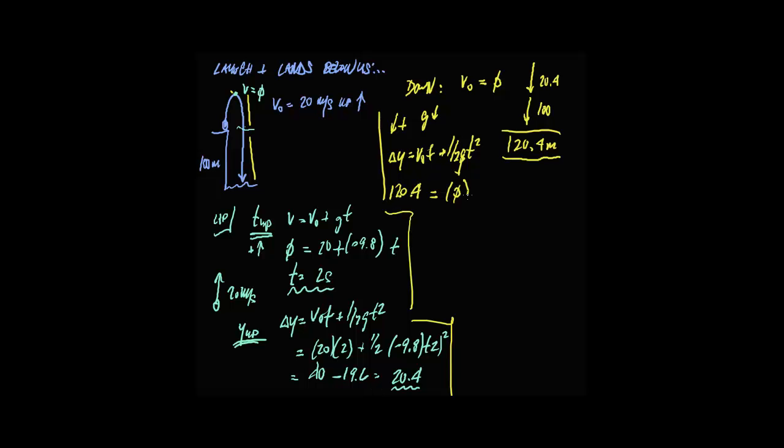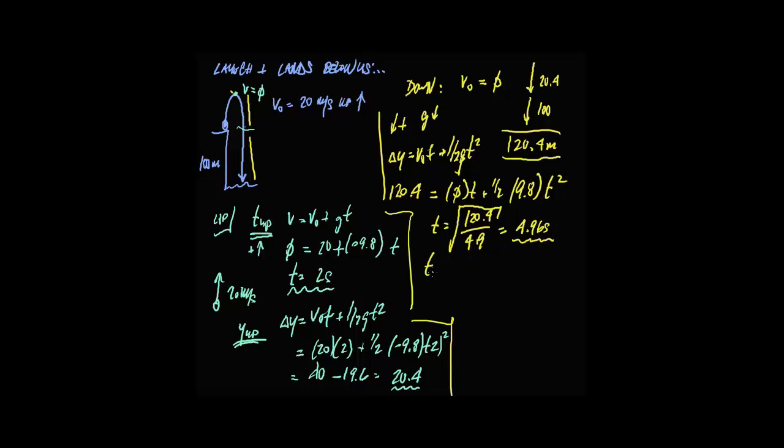It falls from rest, so that's 0 times t plus half of a positive 9.8, because gravity is in the same direction it's moving, times t squared. t will then equal the square root of 120.4 divided by 4.9, which is 4.96. That's how long it takes to fall all the way down from the top.